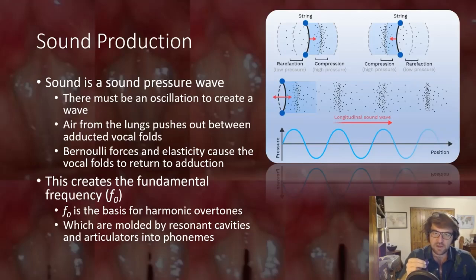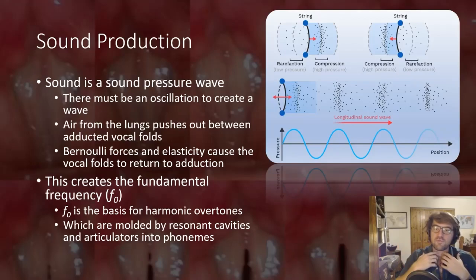And that creates the basis for harmonic overtones, which we're going to talk about when we talk about resonance and articulation, because the harmonic overtones, which are integer multiples of that fundamental frequency, are what your pharynx, oral cavity, and nasal cavity use to mold into different phonemes.